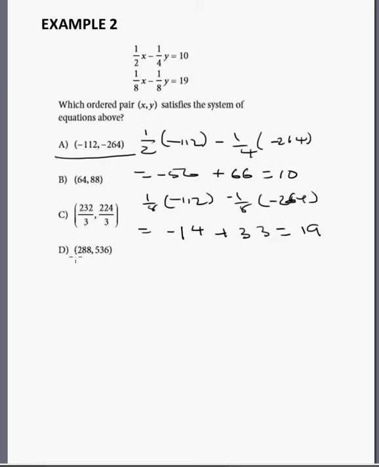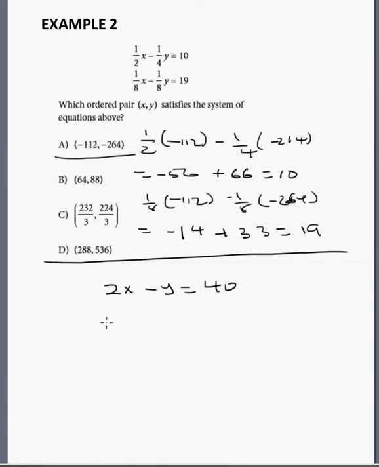Now, suppose you are very strong. Algebra is good, and say, well, I'm not going to waste my time on fractions and plugging in and potentially make a mistake. So how do I do that using algebra? The smart way to do that is multiply through by 4 the first. If I multiply the first equation by 4, so I can eliminate all the fractions, this becomes 2x minus y is equal to 40.